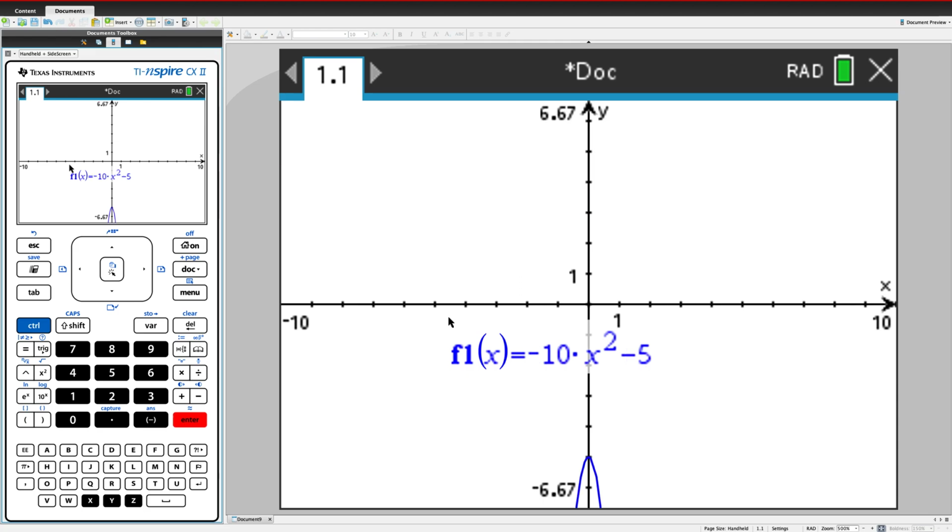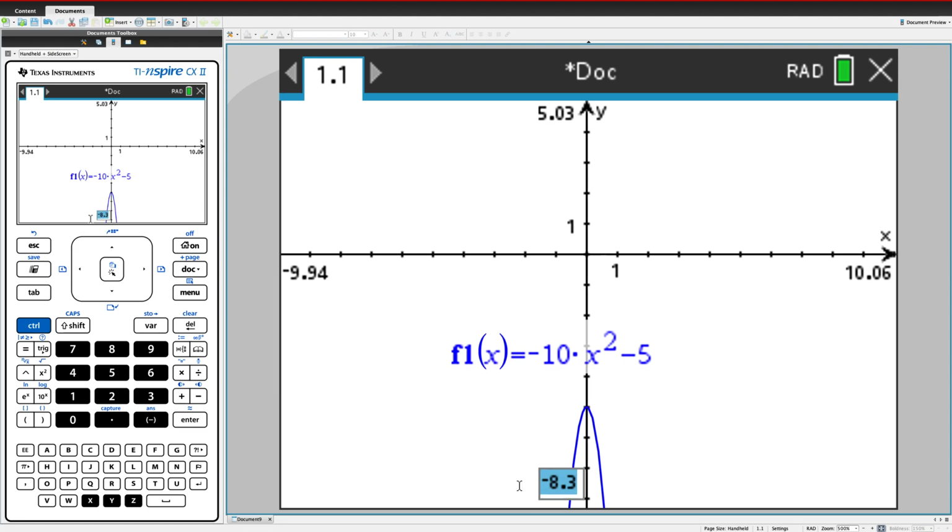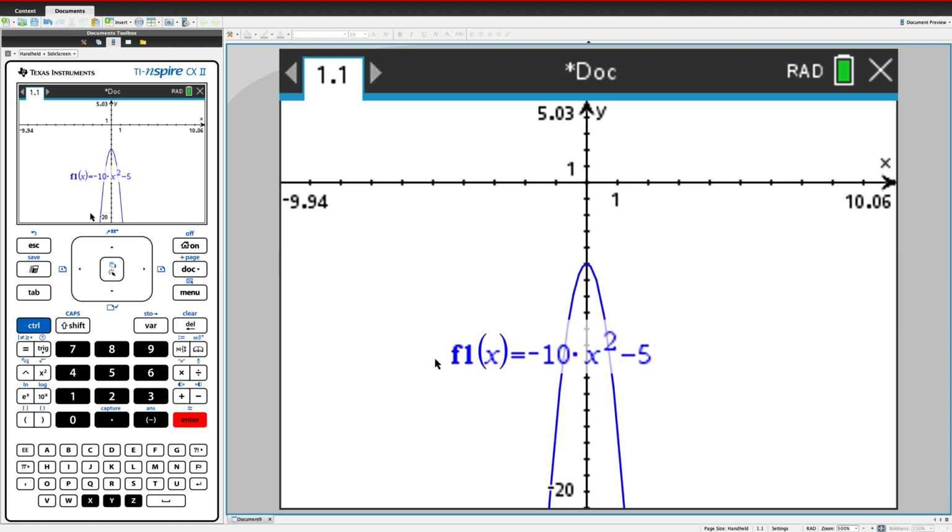And where are we trying to determine the concavity? At 1? Okay, I'm going to look at my graph a little bit differently so you can see more of it. There. Okay, press Control-T.